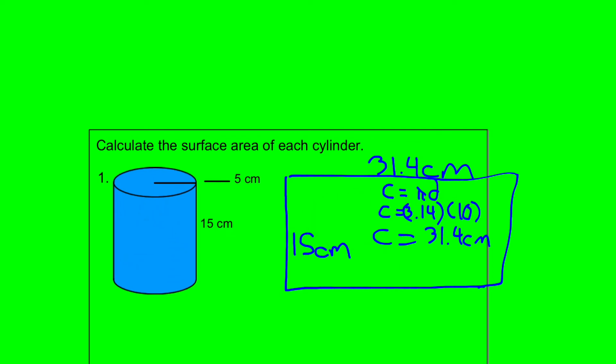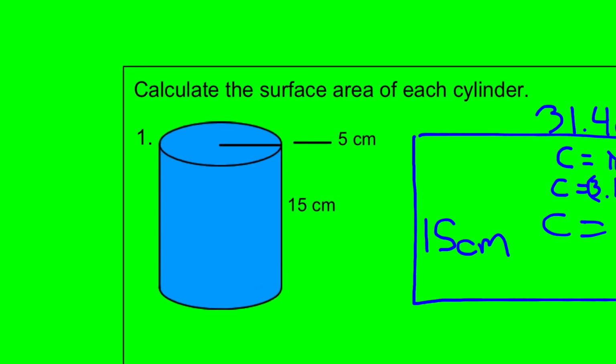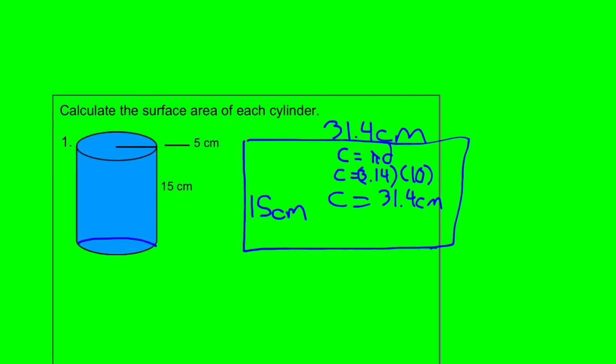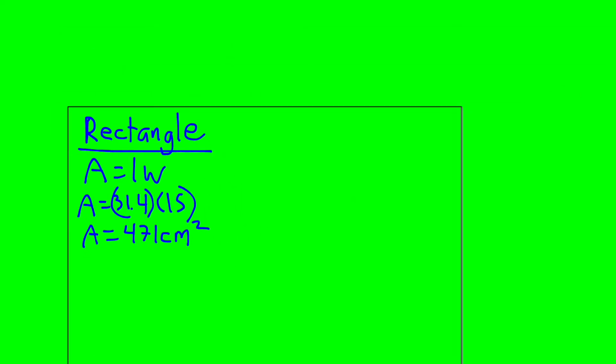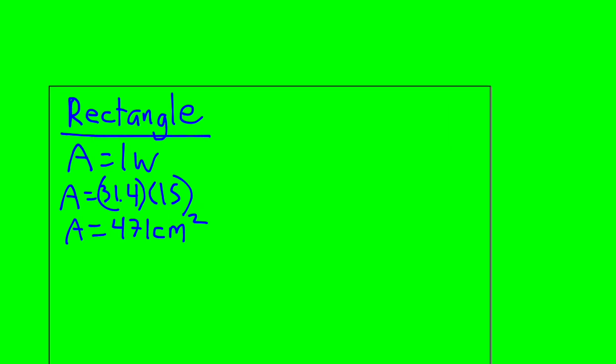Now, we also have in this cylinder two circles. We have one on the top, and we don't see it, but there's one on the bottom, right? Like that. So we need to calculate the area of those two circles. So all we need to do is calculate the area of one of the circles and double it. So I'm going to write circles right here.